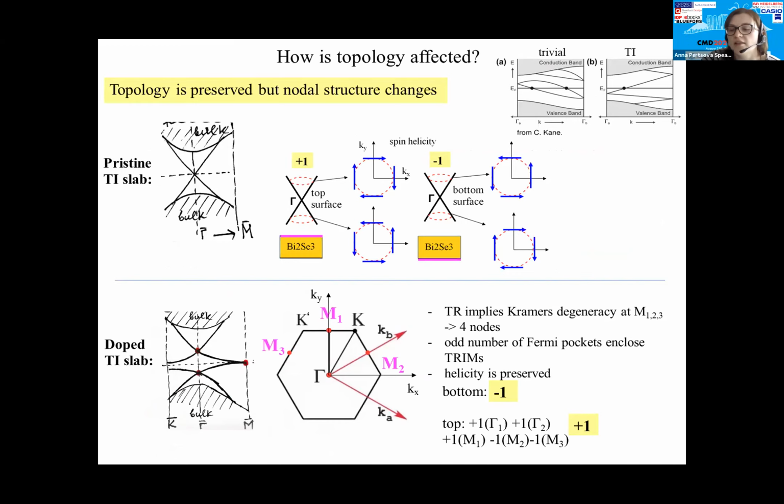So the question that might be interesting to ask is whether we are doing something to the topology of the system, because we are splitting the nodes, and as I also mentioned, we are inducing additional nodes at the edges of the Brillouin zone. Does it mean that we somehow change the topology simply by doping with non-magnetic impurities?